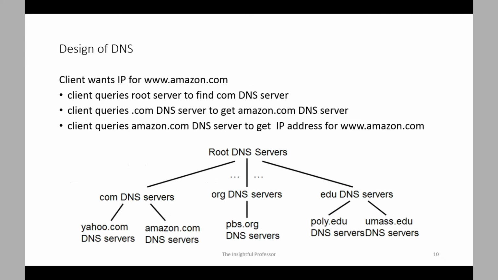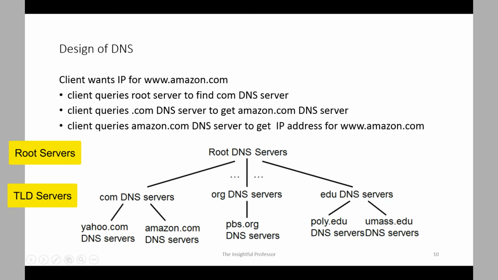Here's the general design of DNS. What we see is if a client wants, for example, to resolve the name www.amazon.com, it queries first the root server to find a DNS server that services .com, that top-level domain, and then queries the .com server. This is at the second level.